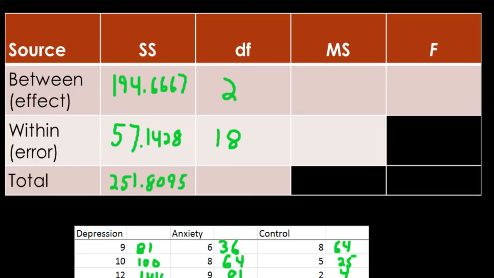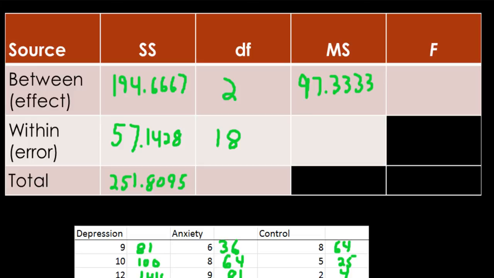Alright, so now to get the mean squared variance for between or effect, we would take 194.667, which is our sum of squares between, and divide it by 2, which is our degrees of freedom between, and get 97.33. And we do the same for our mean square error variance.